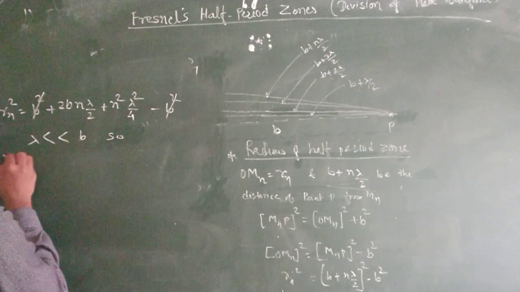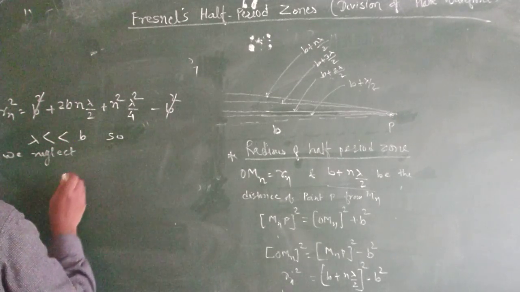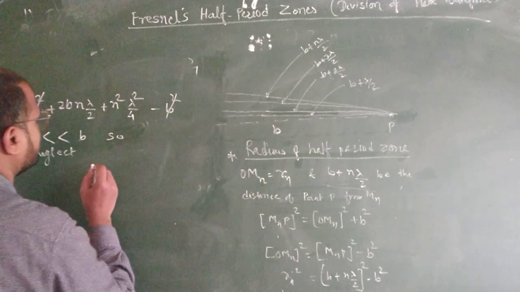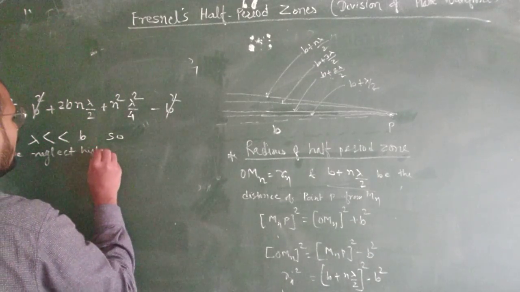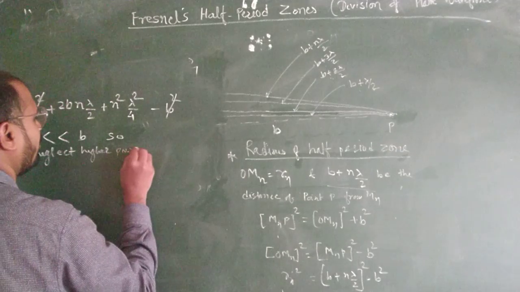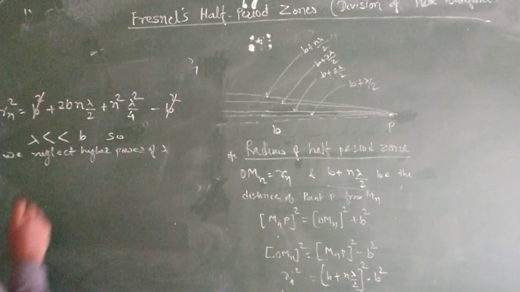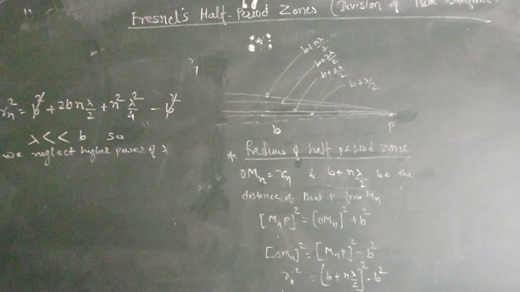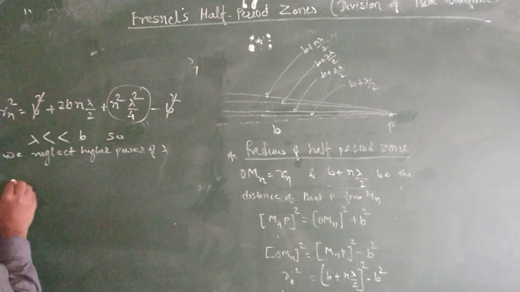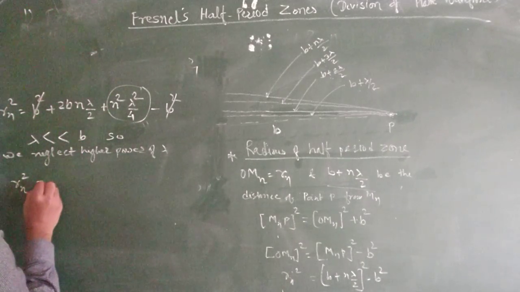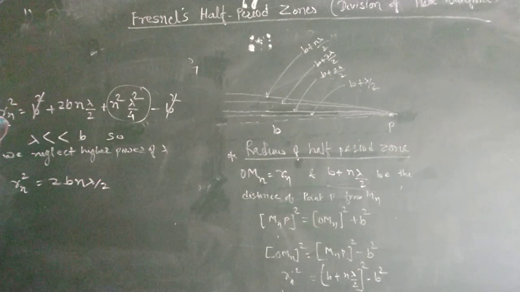So we neglect the higher power terms of lambda, and what we get is Rn square equal to twice b n lambda by 2.